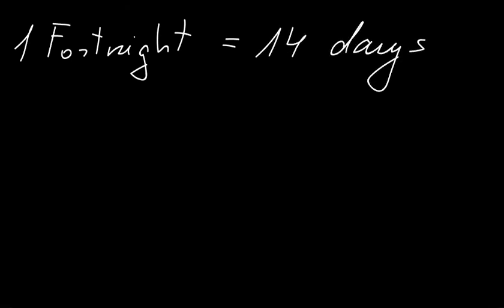Now, a fortnight is equal to 2 weeks. So, how many microseconds are in a fortnight? So, we know that 1 fortnight is equal to 2 weeks, so it's 14 days. And that would give us now our time in microseconds.